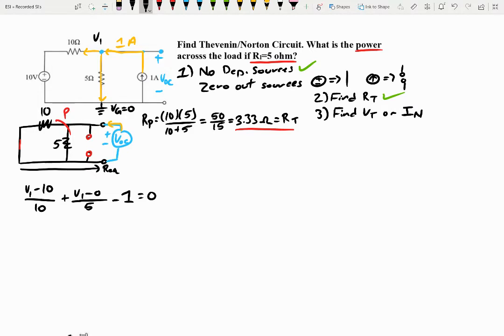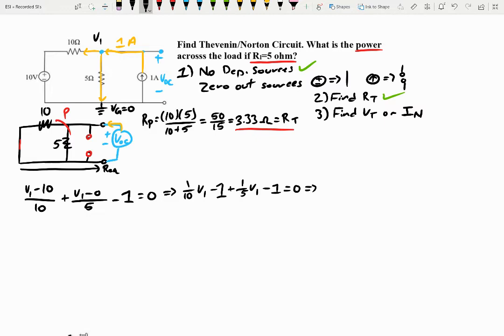Okay, now all we need to do is go ahead and simplify down. So we'll do 1/10 V1 minus 1 plus 1/5 V1 equals 0.